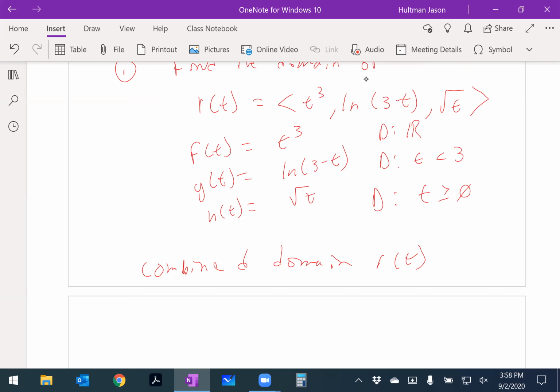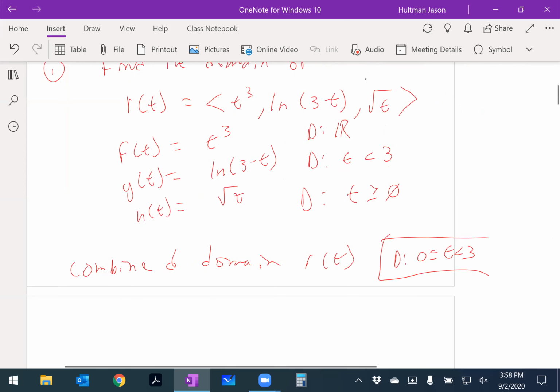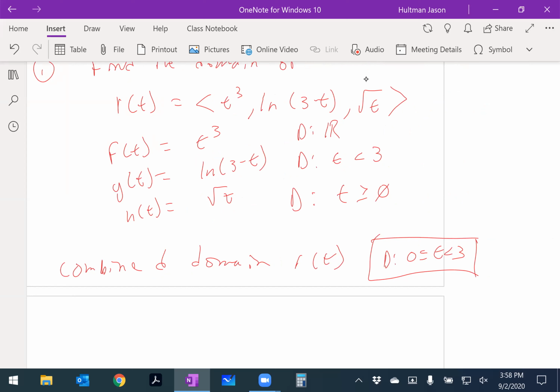We have all real numbers, which is the least restrictive. We have t less than 3, but t greater than or equal to 0. So the domain here has to go from 0 to 3, or we could write it in interval notation as 0 to 3.